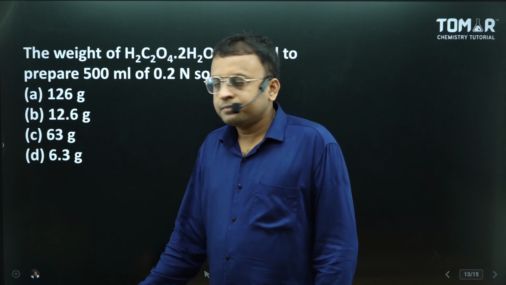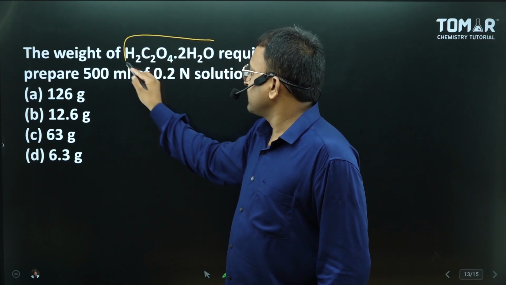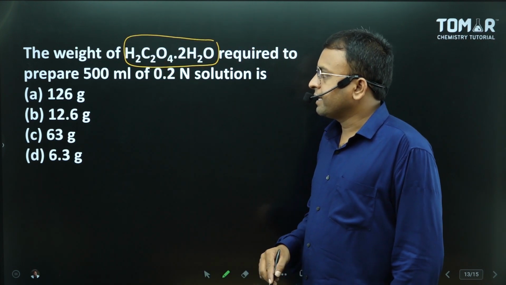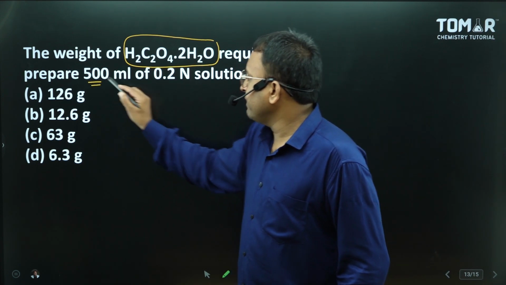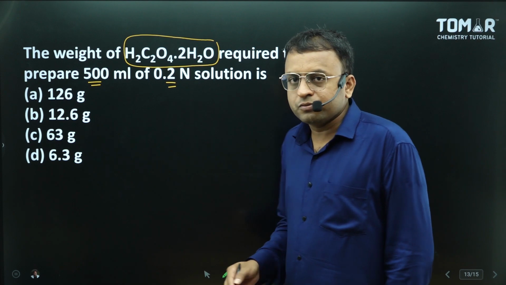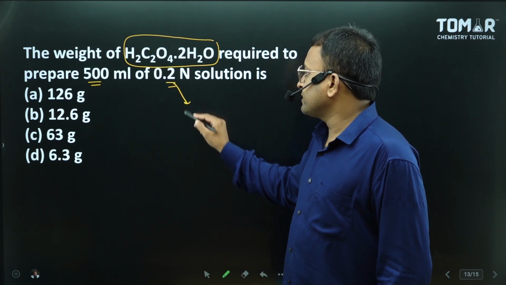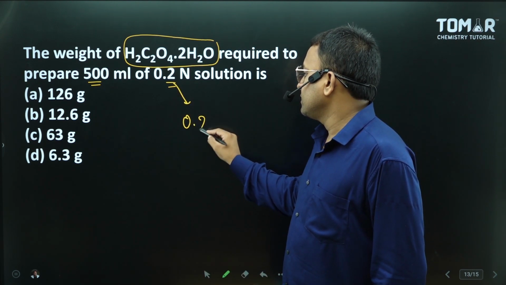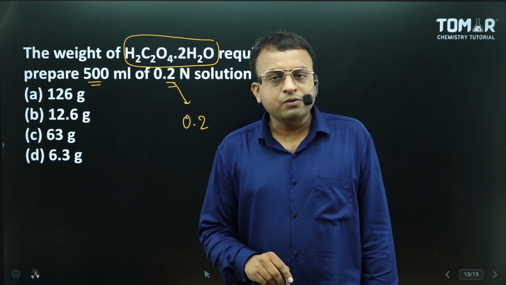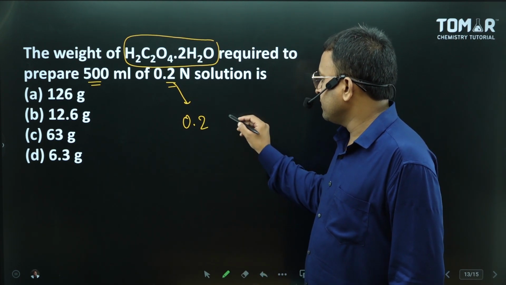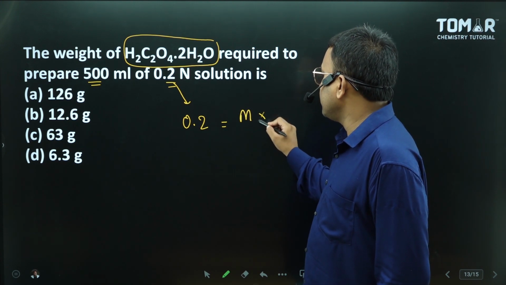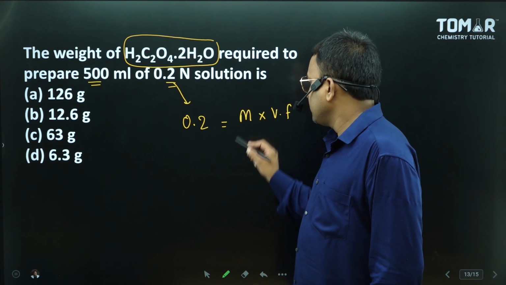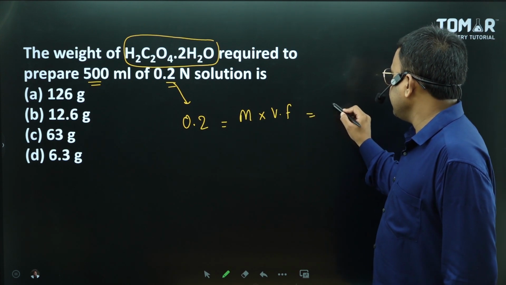The weight of crystalline oxalic acid required to prepare 500 ml of 0.2 normal solution. Now the concentration term is normality. The solution is 0.2 normal, and normality is molarity into valency factor. Molarity is mole per liter.